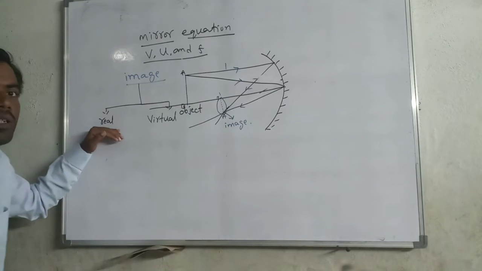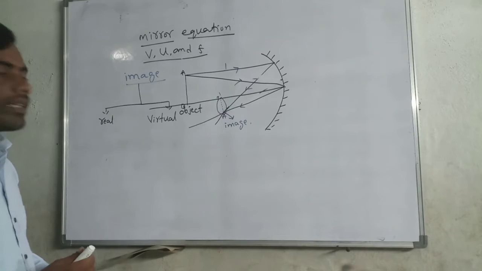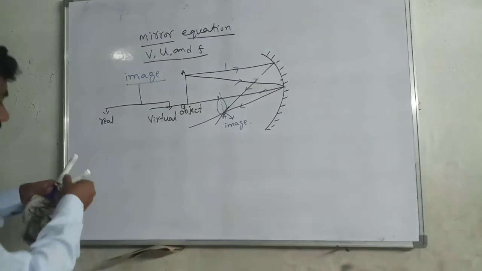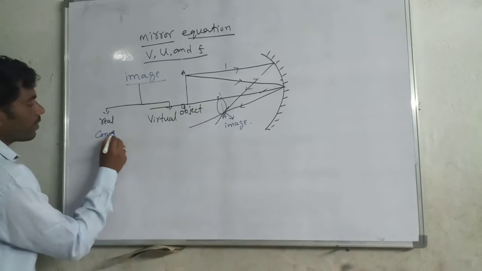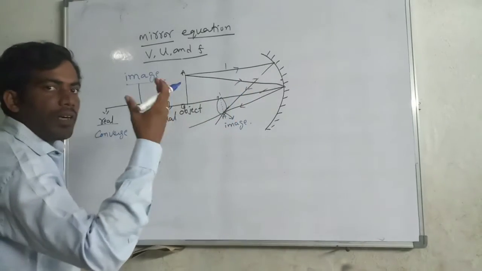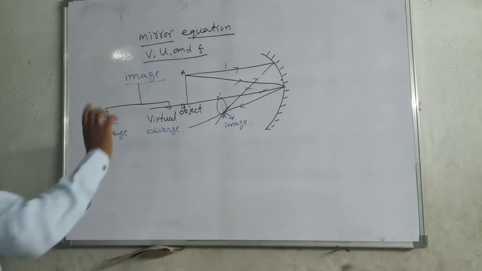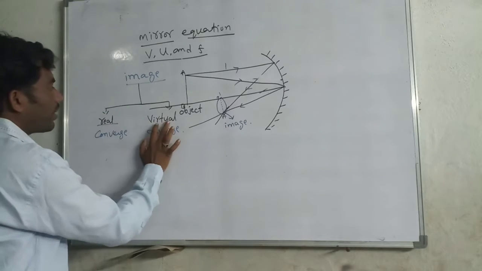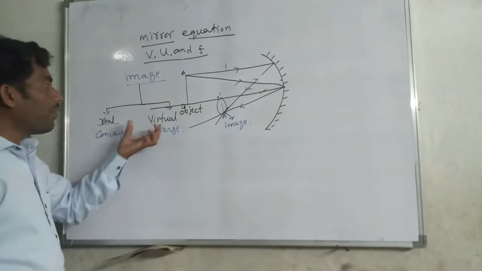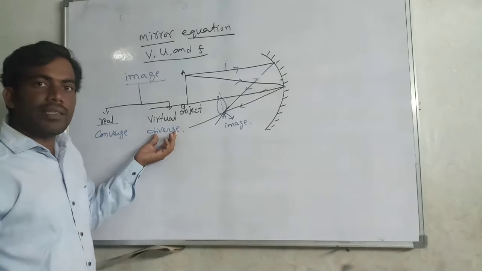When the rays appear to diverge, it gives a virtual image. The real image is formed by the convergence of the reflected rays, and the virtual image is formed by the appearing of divergent emerging rays.